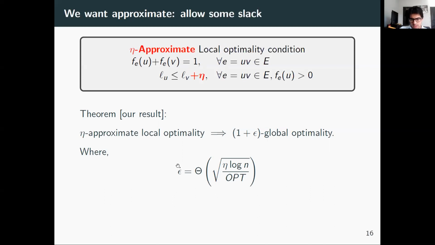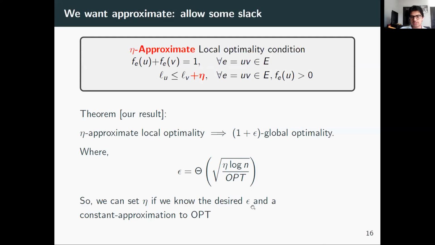If we know the epsilon that we want, and we have some approximate value for our optimum solution at that point, then we can formulate our eta. So if we know a desired epsilon and a constant approximation to OPT, then we can get eta, and once we have eta, we can try to enforce this eta approximate local optimality condition.